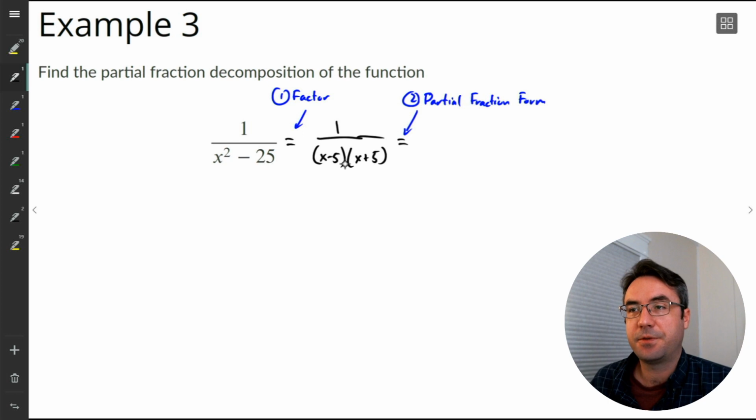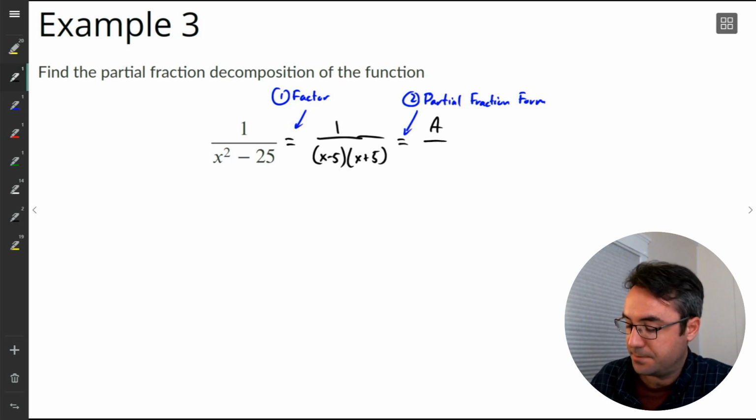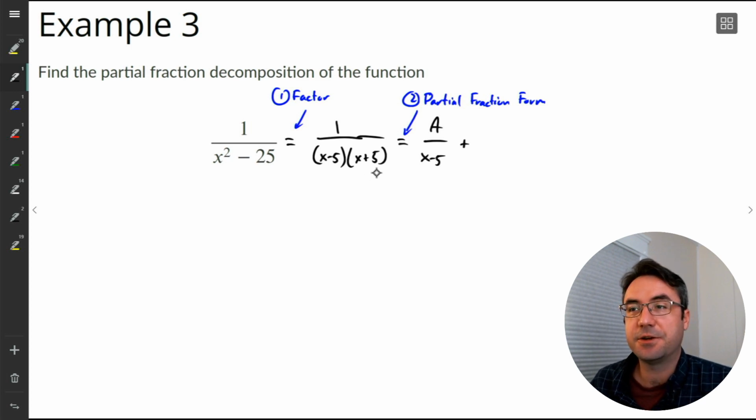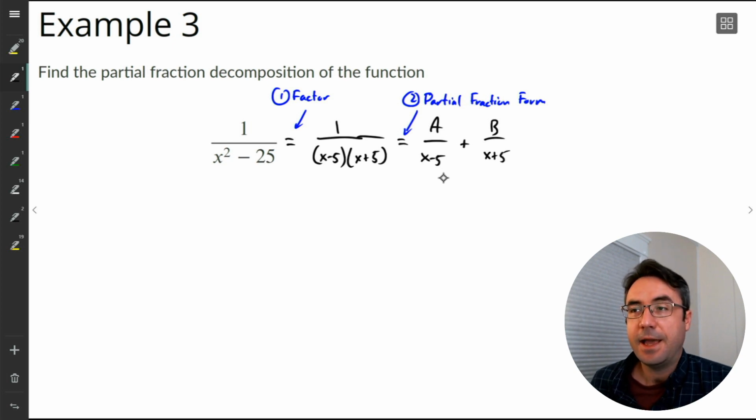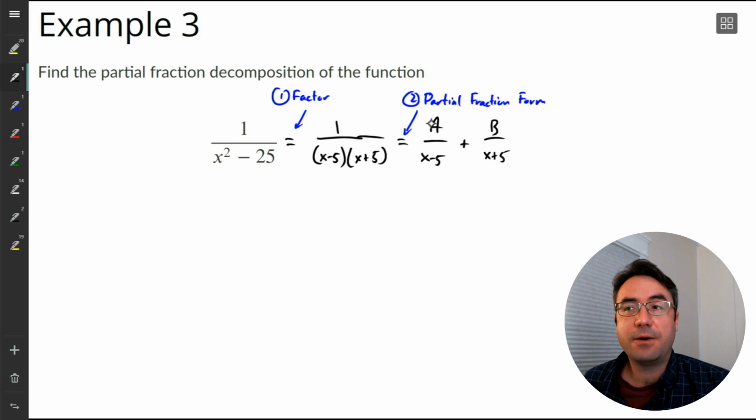So let's start with the first linear term that we wrote. That's going to get its own fraction, a over x minus 5. Then we go to our second linear term, and that's going to get its own fraction. And now it's up to us to figure out what a and b are going to be.